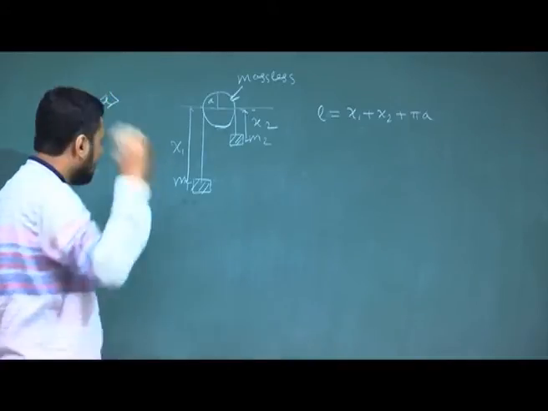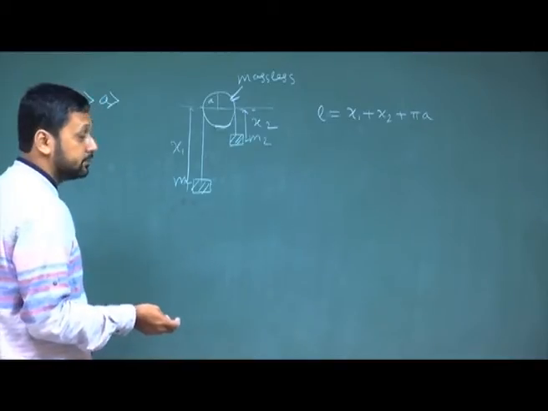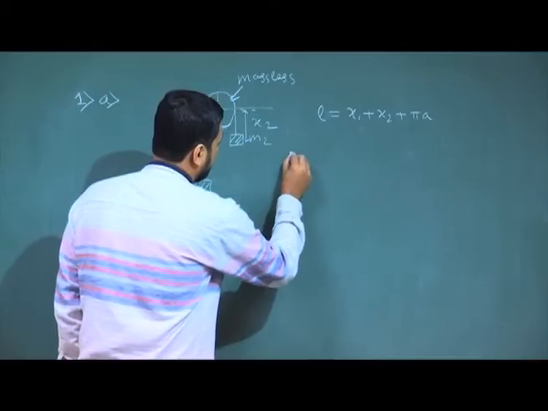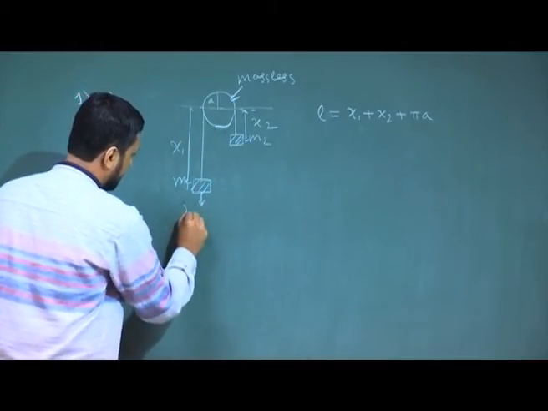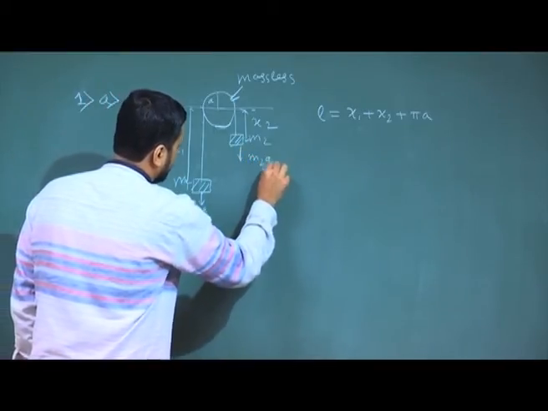Okay. So, in terms of D'Alembert's principle, how do we write it? If you recall, we have to get the forces. The force on the first mass is m1g, and on the second it is m2g.